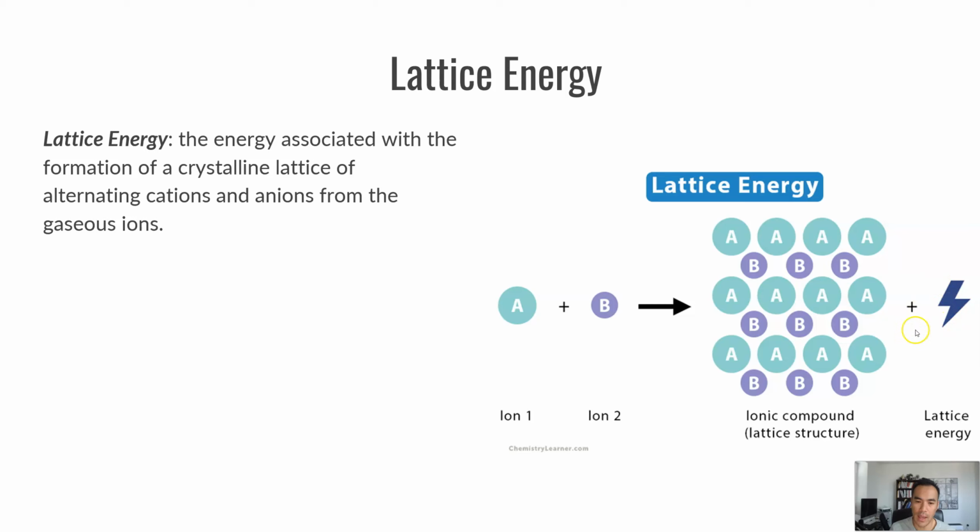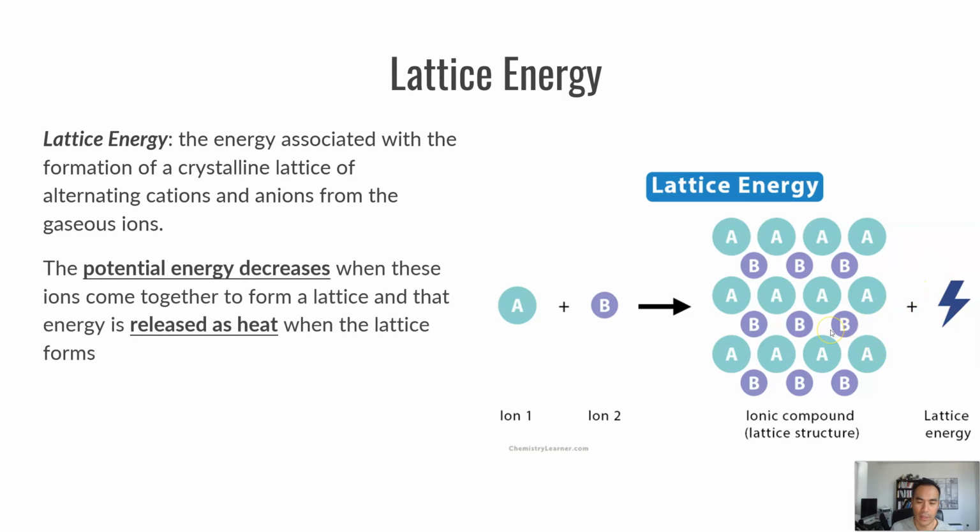You can determine that the potential energy is going to decrease when these ions come together. It's very similar to our potential energy diagram that we saw in the chemical bond for covalent bonds, where if I put in some lattice energy to break them, I can actually make the ions.